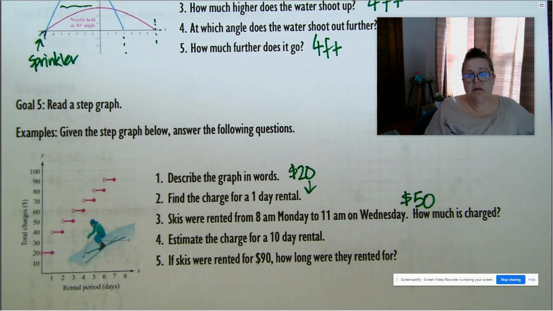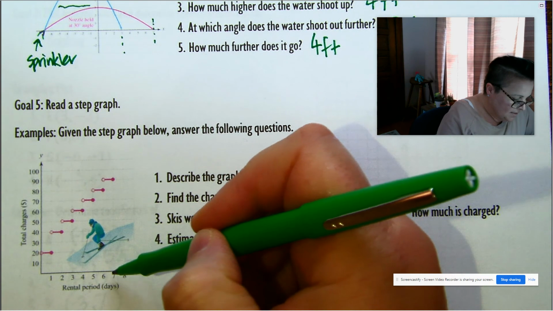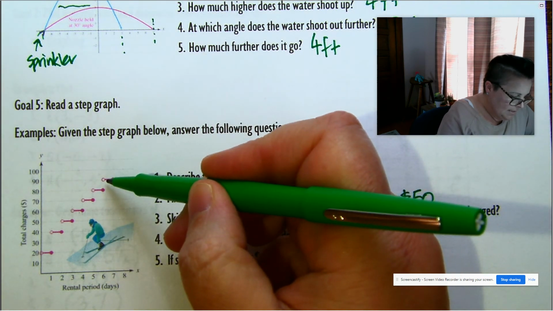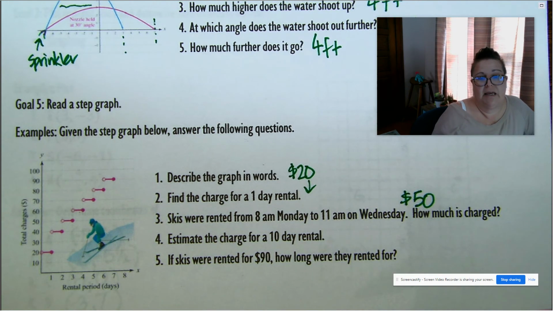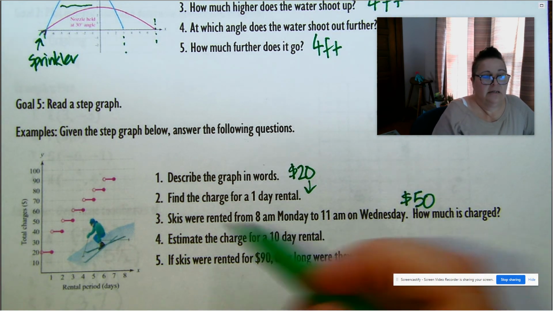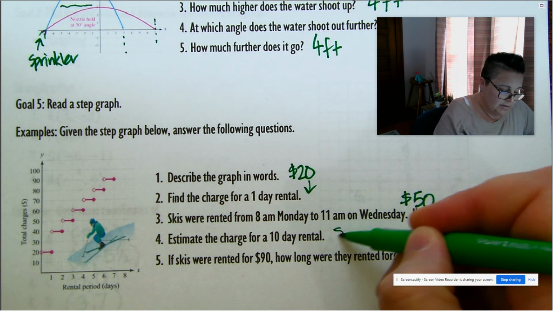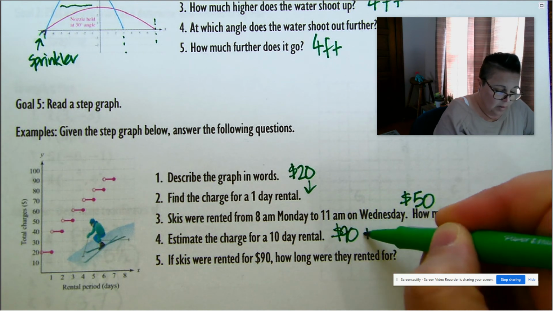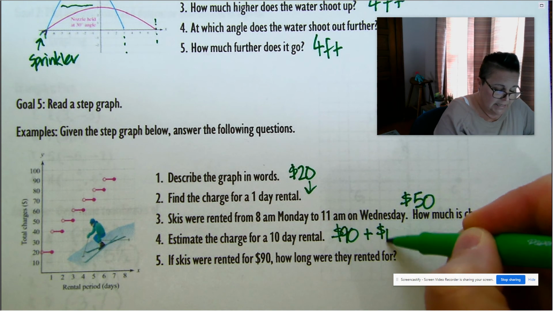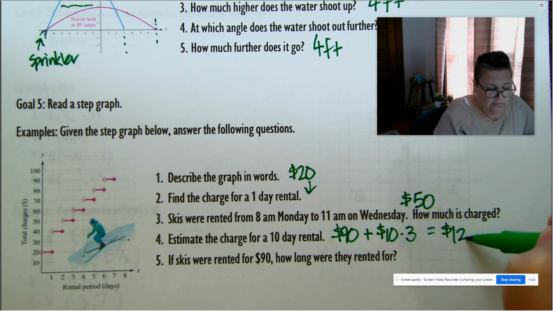Okay. Can you estimate the charge for a 10-day rental? We know that a 7-day rental would be $90 and that we're getting charged $10 more for every additional day. So I'm going to estimate, because I don't have that exact data, that a 10-day rental, if possible, would be that $90 plus another $10 each of the 3 days for $120.